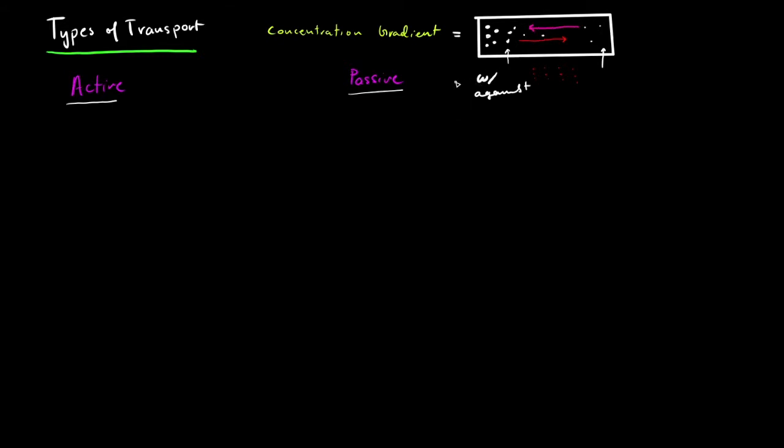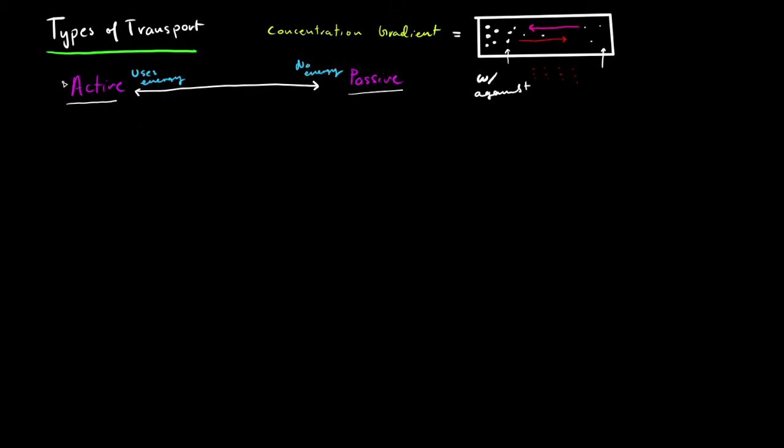Something that's important when we define these next two terms of active transport and passive transport. The main difference, well, there are actually two main differences between active and passive transport, is that active transport uses energy, while passive transport doesn't use energy, so no energy.